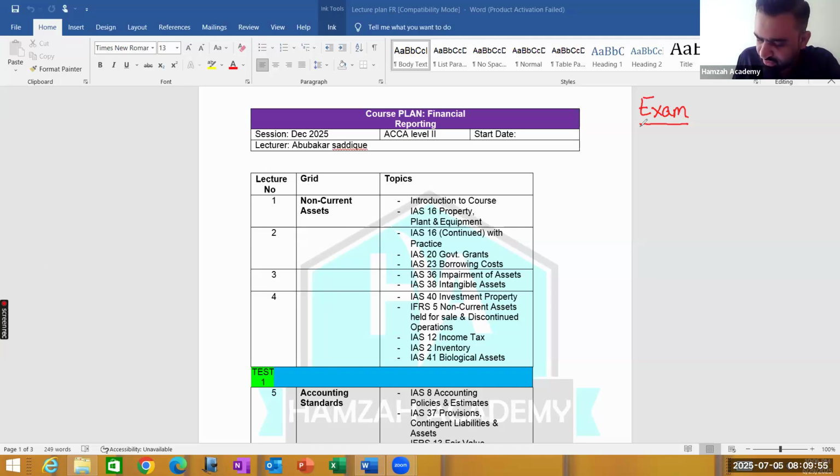Dear students, the exam pattern will be a computer-based exam. It will be a CB exam.